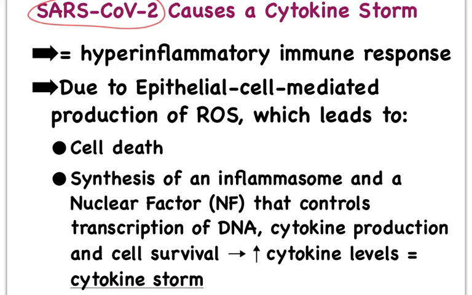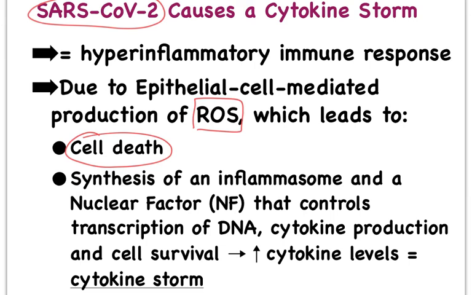And what the epithelial cells do is they produce a whole bunch of ROS, which then triggers possibly the death of cells by means of apoptosis and necrosis, even to some extent.